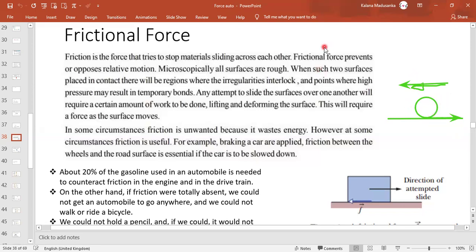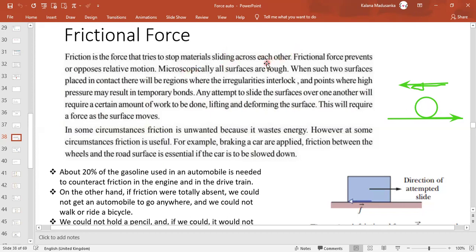If I move back to more detail in this paragraph, frictional force prevents or opposes relative motion. Even though we seem to identify most floors as smooth surfaces, for example, if I look at the carpet road, it seems very smooth, but microscopically, all surfaces are rough, right?